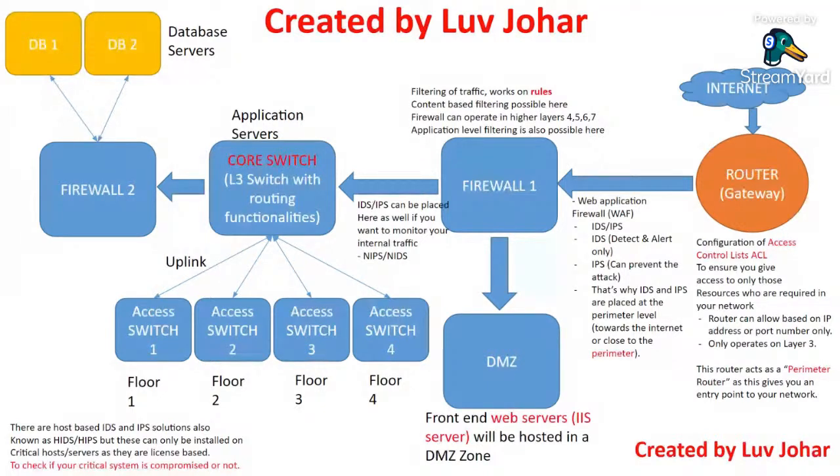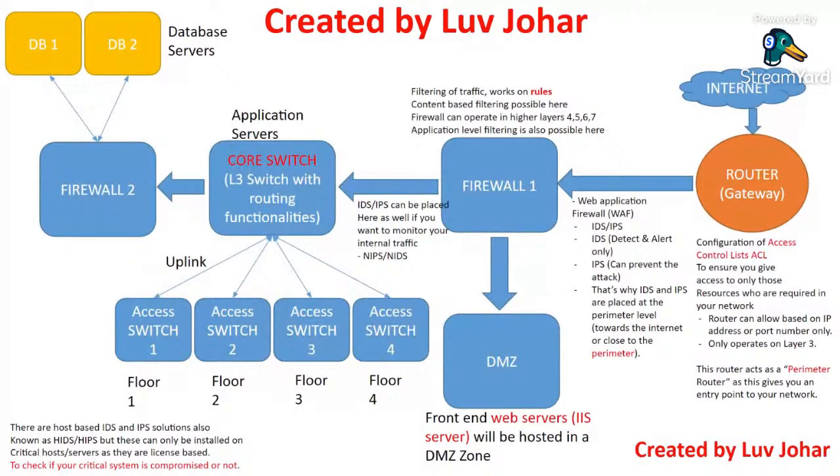Now in firewall you see another connection, the third connection, which is going down, which is a DMZ. Now what is a DMZ, guys? DMZ is demilitarized zone. Okay, DMZ is a demilitarized zone where you keep your public servers, your front end web servers, your IIS servers, your email servers, your anything if you want public facing, you keep in a demilitarized zone.